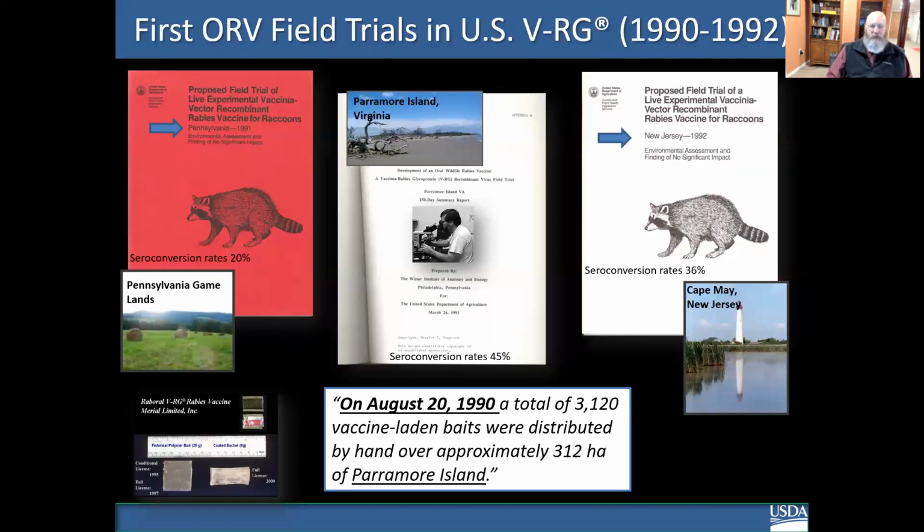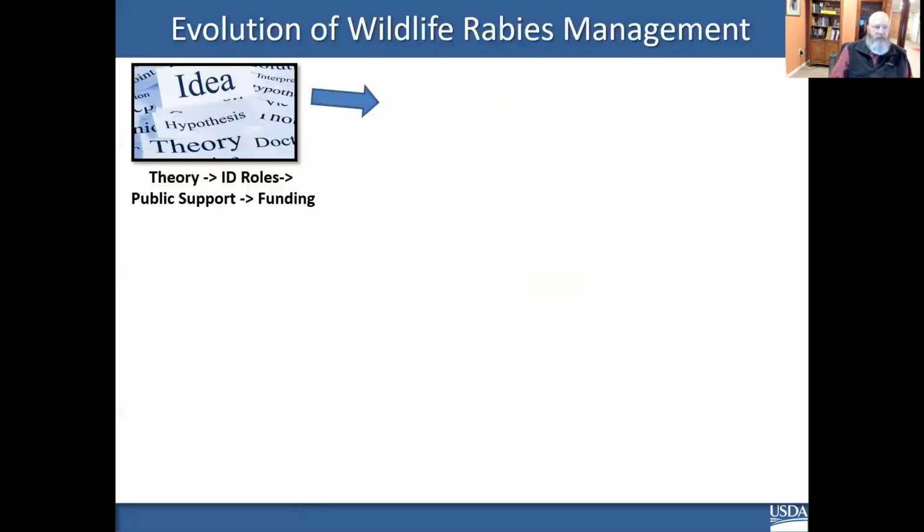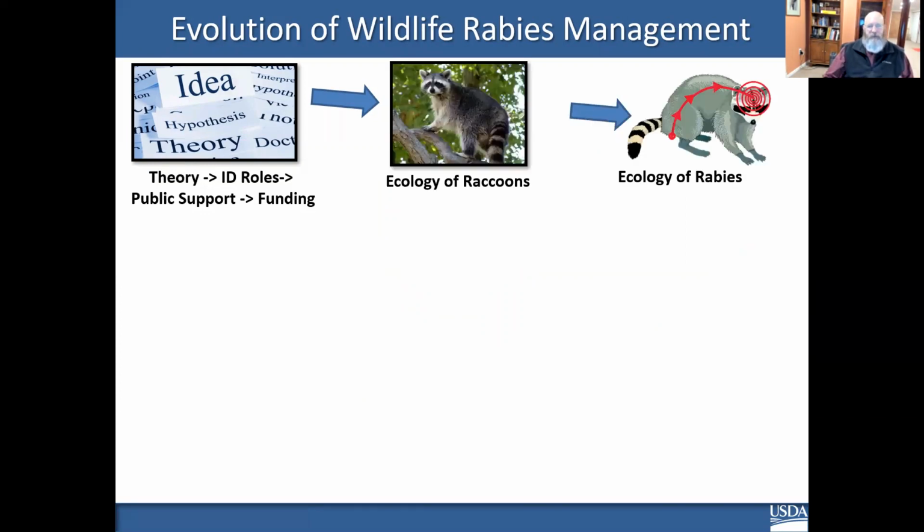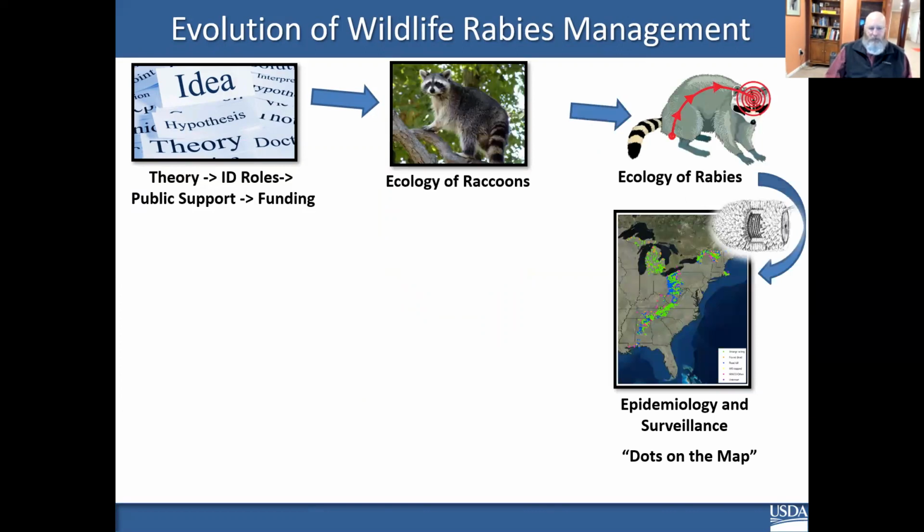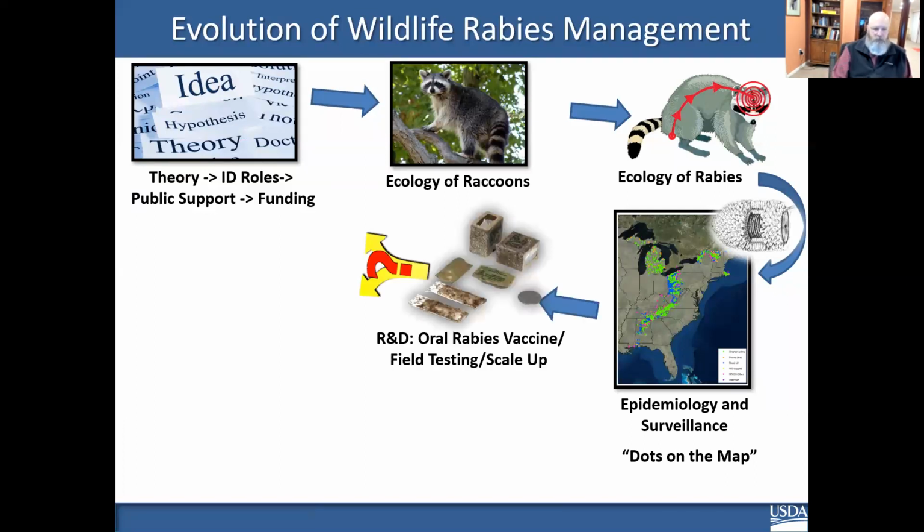Our first field trials occurred in 1990. Dr. Rupert led the charge when he was working at the Wistar Institute and put out over 3,000 baits on Parramore Island. Since then, there have been a couple of field trials again with the Rabies VRG. That led to the development and evolution of the Wildlife Rabies Management Program, where we identified roles and responsibilities, looked for funding, understood the ecology of the raccoon, the ecology of rabies, and looked at the epidemiology and surveillance, putting dots on the map so we made sure the zones were in the right place.